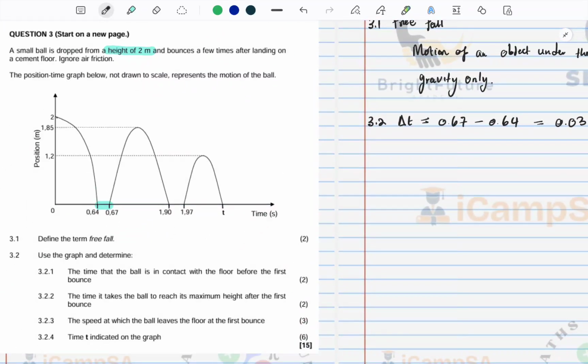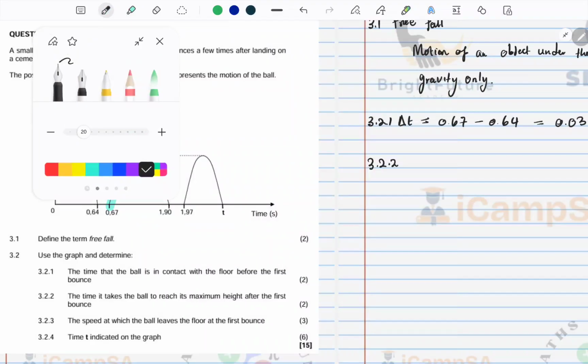And then the next question, 3.2.2. Here they're asking us to determine the time it takes the ball to reach its maximum height after the first bounce. So they're asking you to calculate the time it took for the ball to move from here to here.